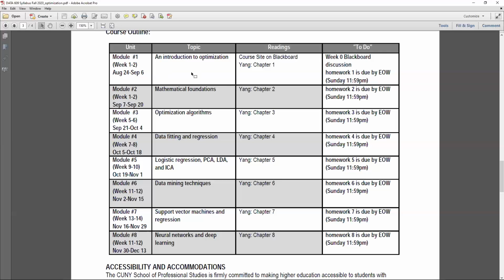The specific topics listed here include data fitting and regression, logistic regression, data mining techniques, which is really clustering and classification algorithms, support vector machines and regression, also neural networks and deep learning. So that's the structure of the course, and then the outline for the course.